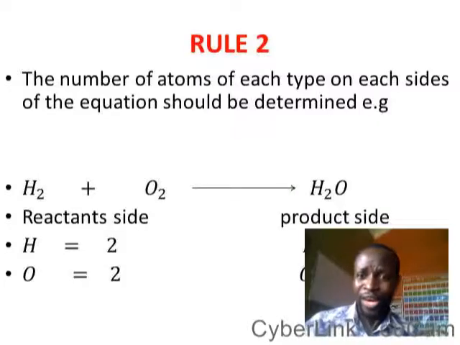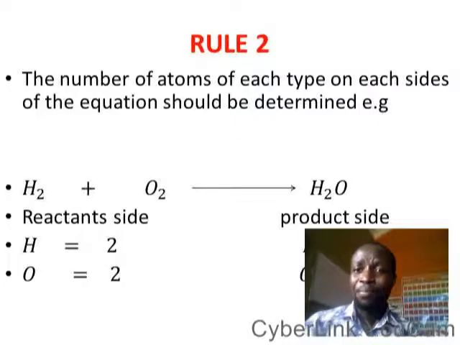Now we will continue the series we started on how to balance chemical equation. In the first video, I have given you rule 1, and what was in that rule 1 is that subscript must never be changed. Let us see rule 2 of this video now.